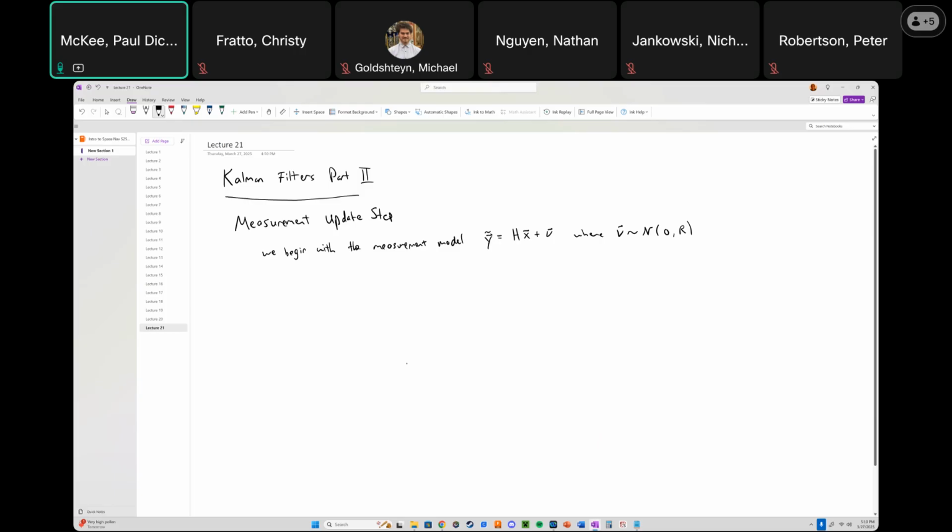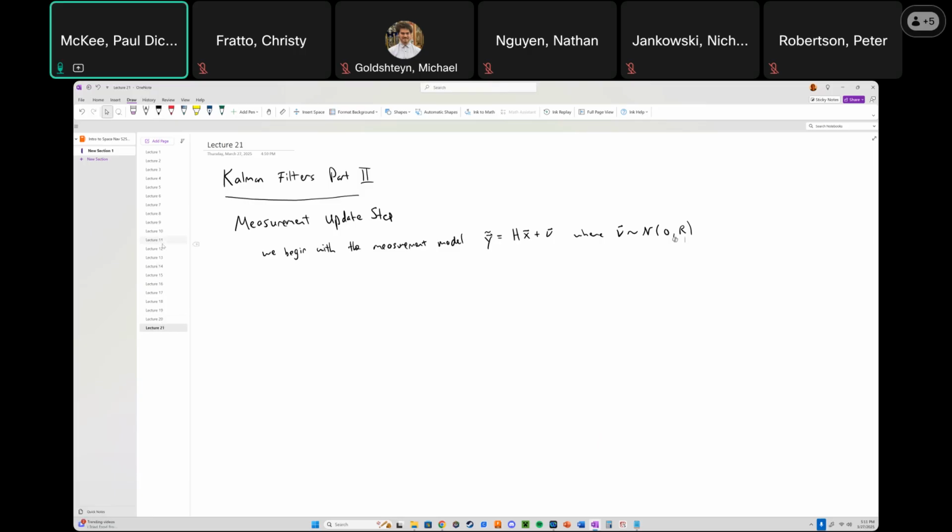There's R and there's P. And I found that when I quizzed people, it was relatively difficult for people to tell me the difference between R and P. And I want to be abundantly clear that R is how much you don't trust your measurement, and P is how much you don't trust your state.